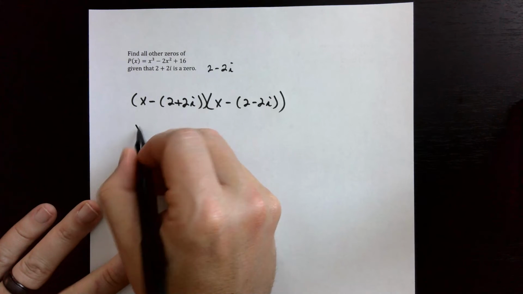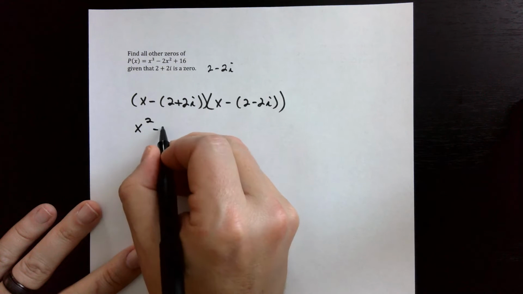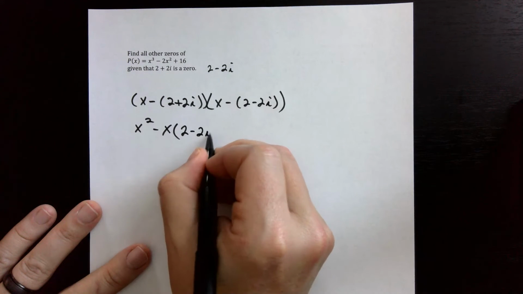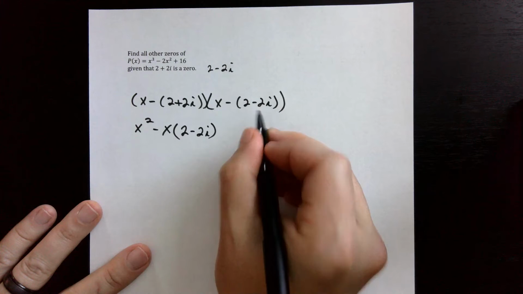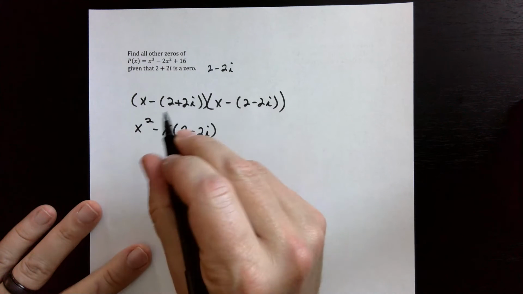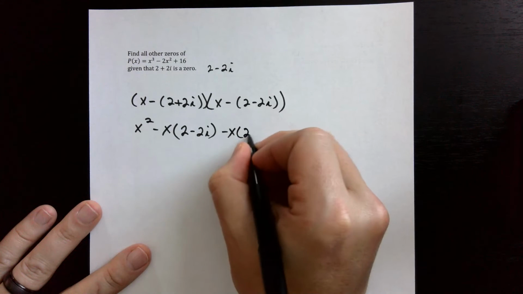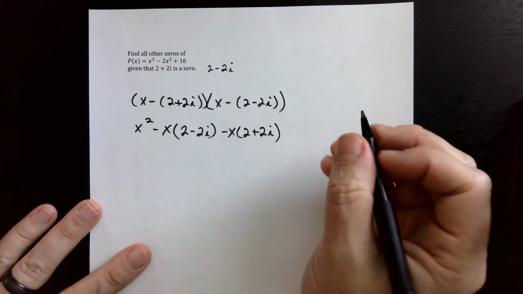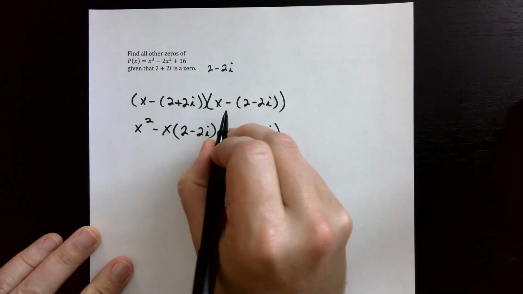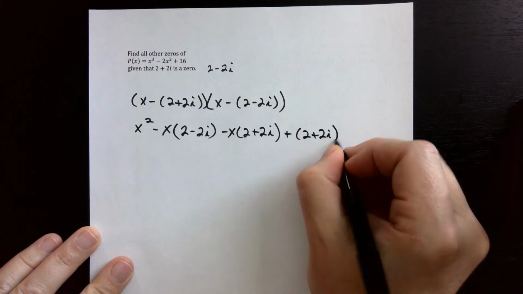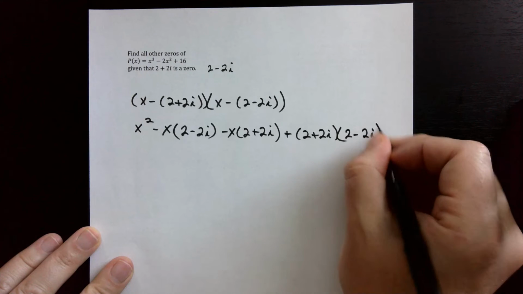So x squared minus x times (2 minus 2i). That's this times this. And then this one times this one would be negative x because of this, (2 plus 2i). Okay, and then the last one, they're both negative, so that goes positive, and it'll be (2 plus 2i) times (2 minus 2i).